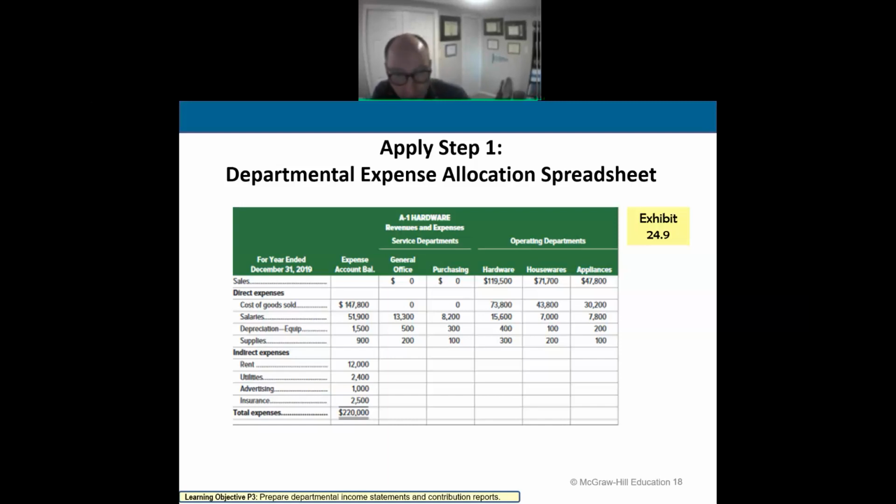My accounting office, they don't generate revenue. So there are no sales for the accounting office. My maintenance department, they don't generate sales. They're maintenance, right? So I'll allocate the direct expenses for those departments. Salaries, depreciation, supplies. And to some degree, rent, utilities, insurance.